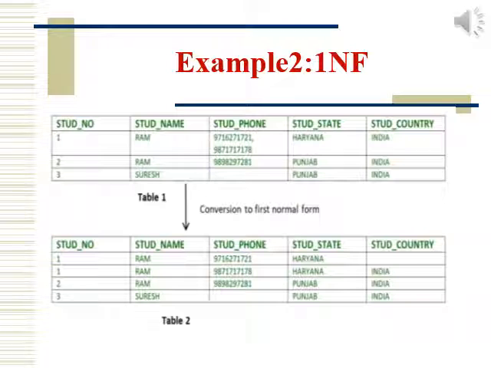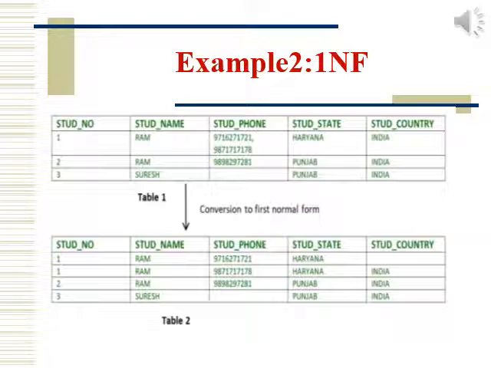Now if we take another example, you may see the first table has a multi-valued attribute, that is student phone number. A student might have more than one phone number, so this is a multi-valued attribute. But when we convert it into first normal form, both phone numbers are assigned to different tuples.